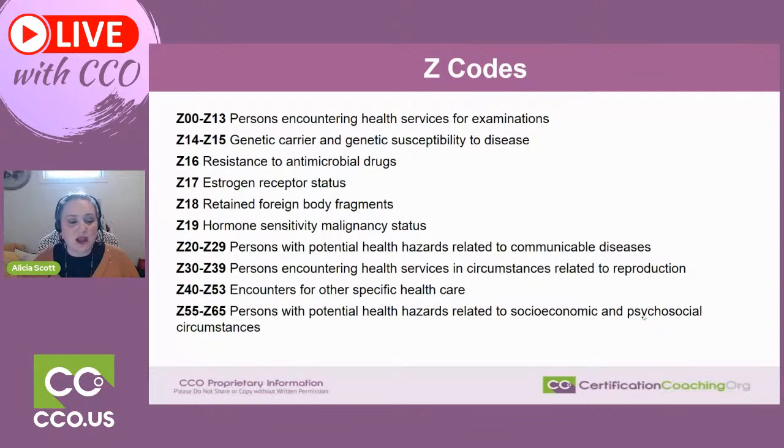Moving on, Z18, retained foreign body fragments. Z19, hormone sensitivity malignancy status. Again, Z17 has its own code, estrogen receptor status, but look, the hormone sensitivity malignancy status, because we're tracking that cancers run on hormones. Now, take that with a grain of salt.